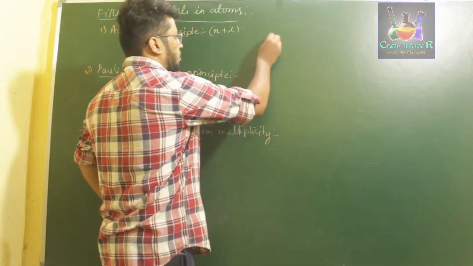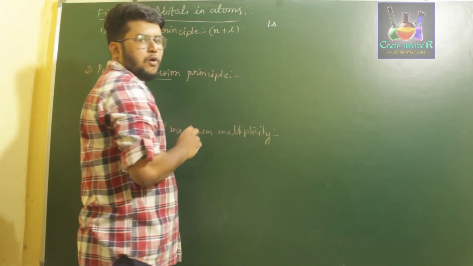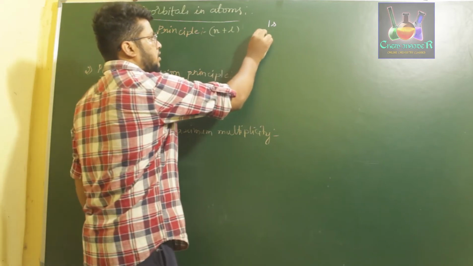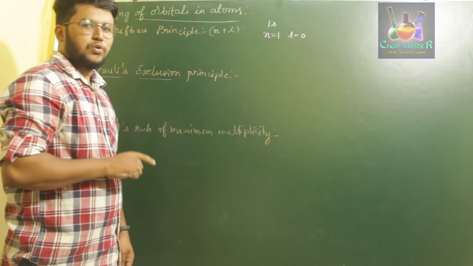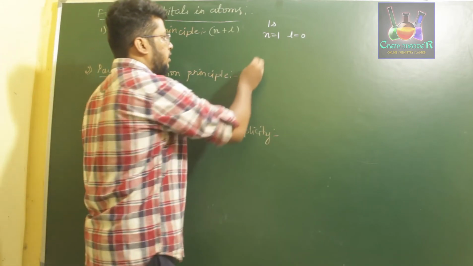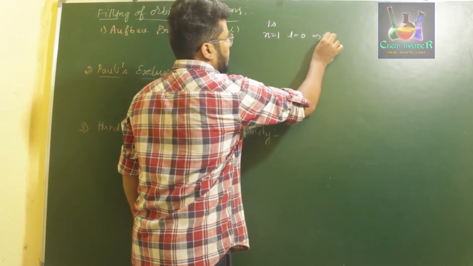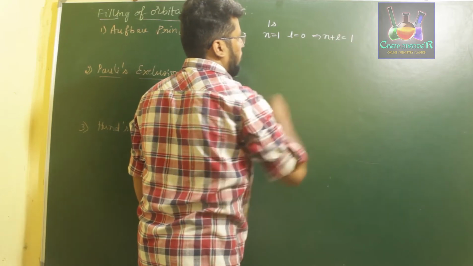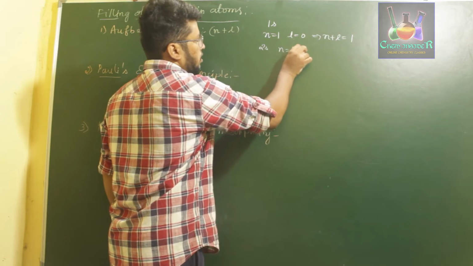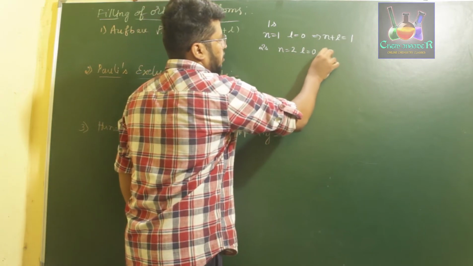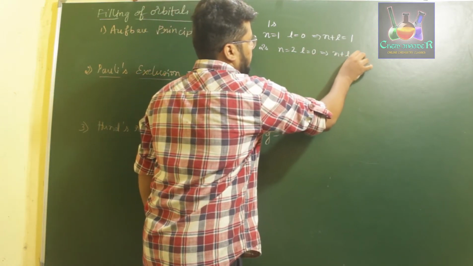Let us start with 1s. For 1s, n is equal to 1 and L is equal to 0, so n plus L is 1. For 2s, n is equal to 2, L is equal to 0, therefore n plus L is 2.